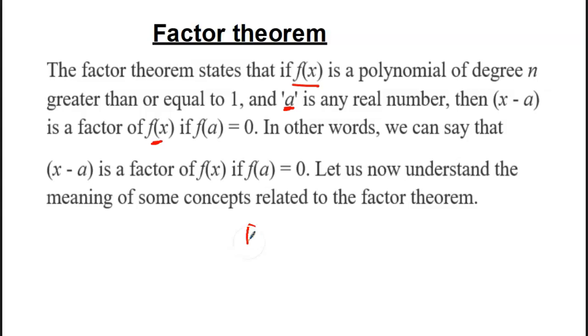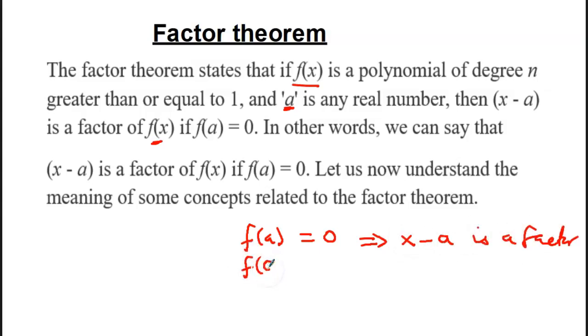If you find f of a to be 0, then according to the factor theorem, x minus a is a factor. If you find f of minus a is equal to 0, this also implies that x plus a is a factor.